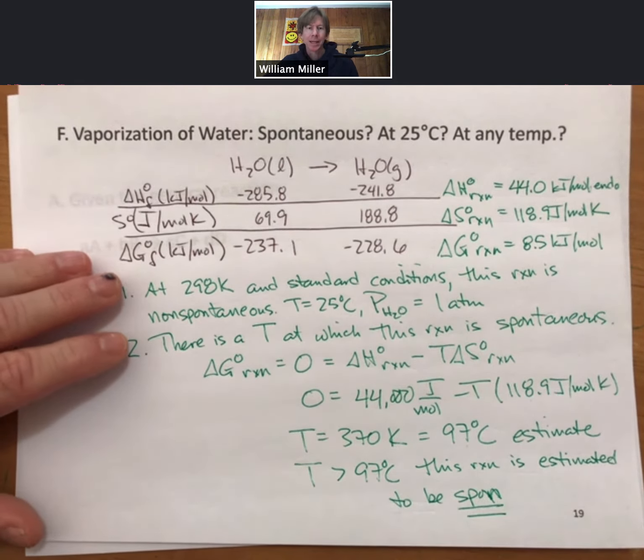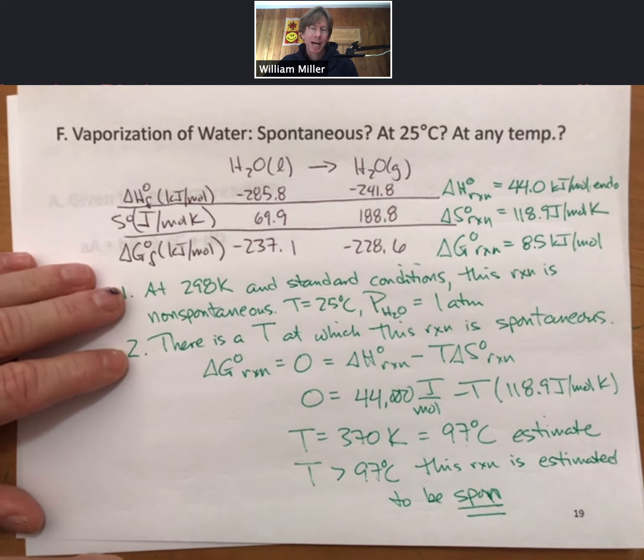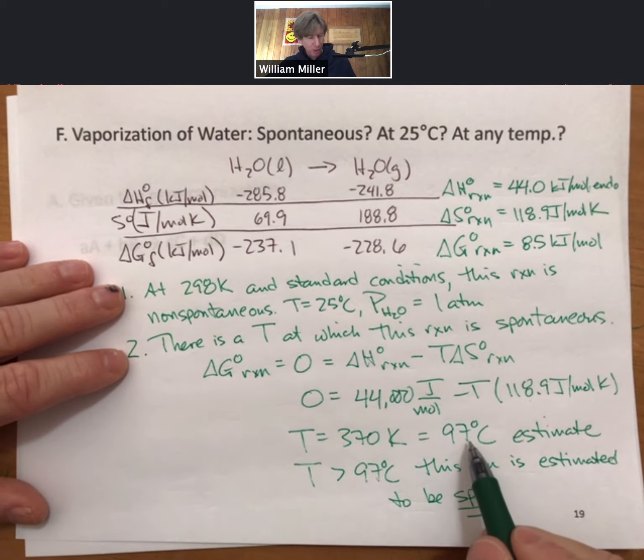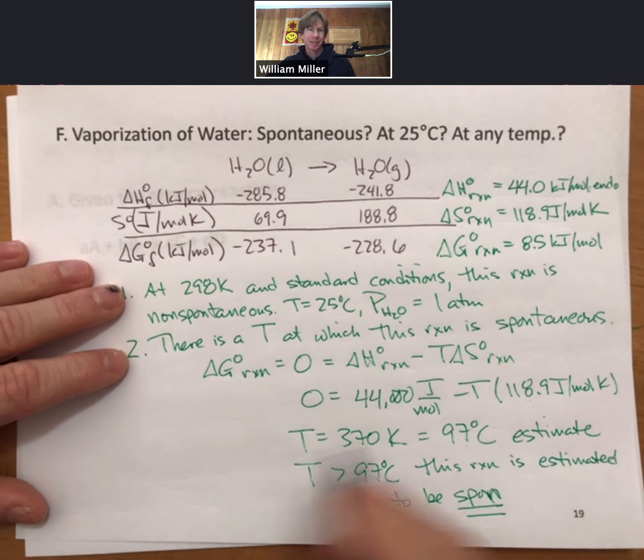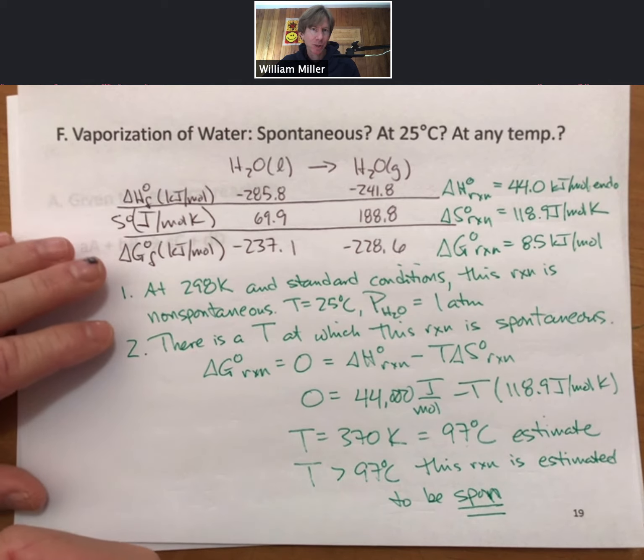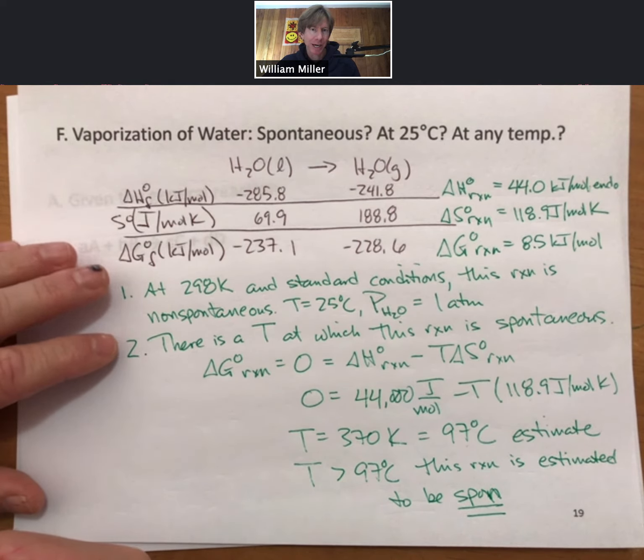There we go. Spontaneous. Not bad using only thermodynamic quantities, because at the boiling point, which is 100 degrees Celsius, is when this reaction truly becomes spontaneous. So not too bad, not too shabby.